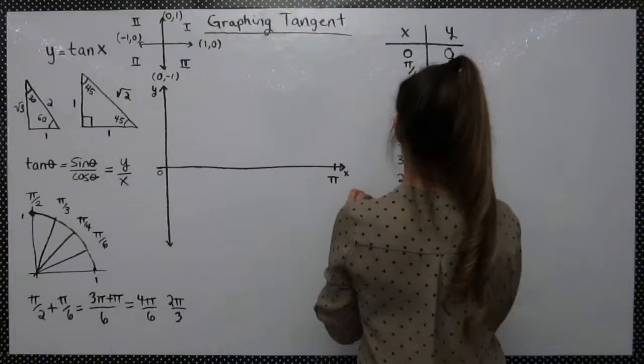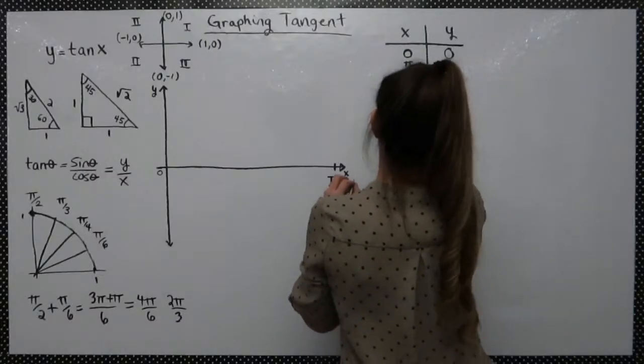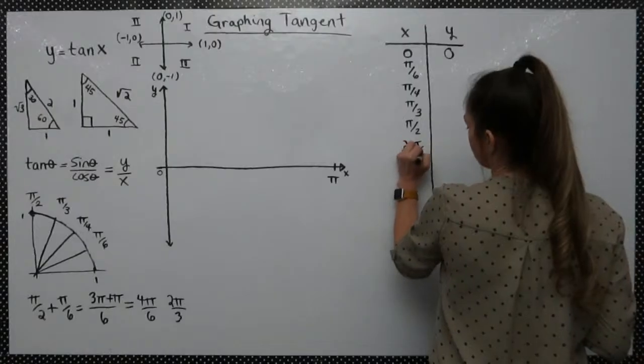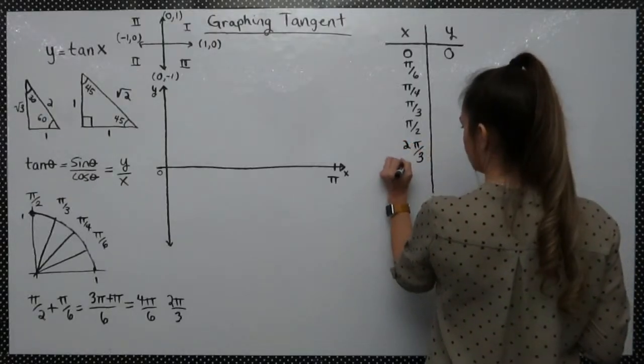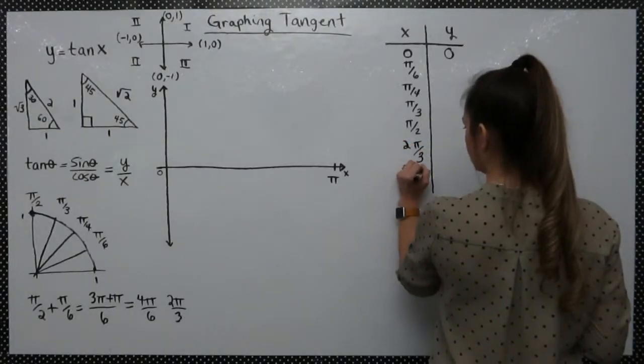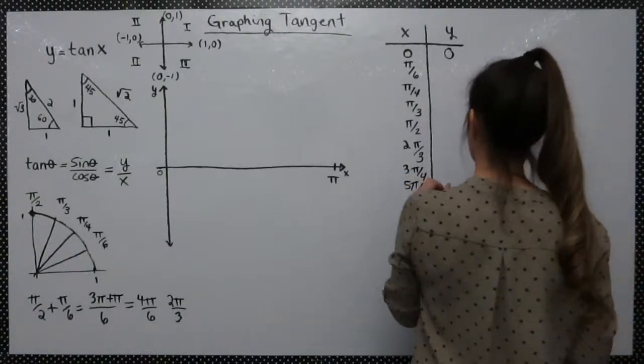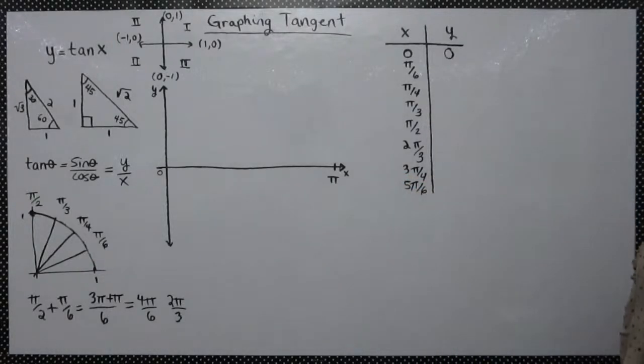Hang on. All right, 2 pi over 3, 3 pi over 4, and 5 pi over 6. All right, I think I got all the points successfully.